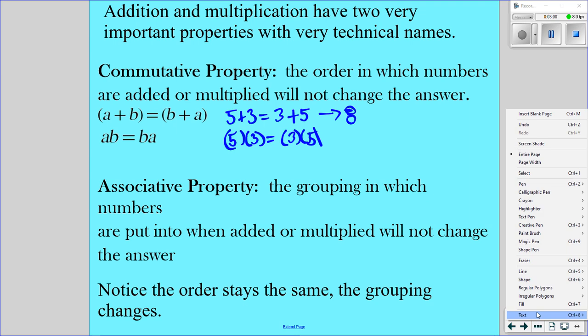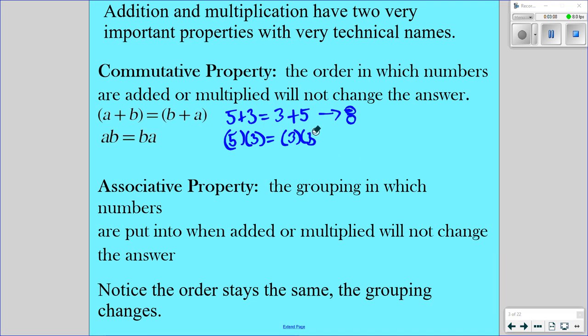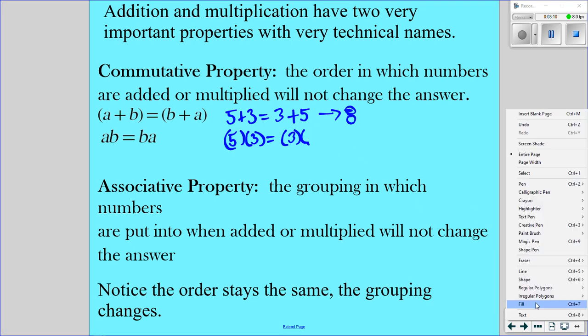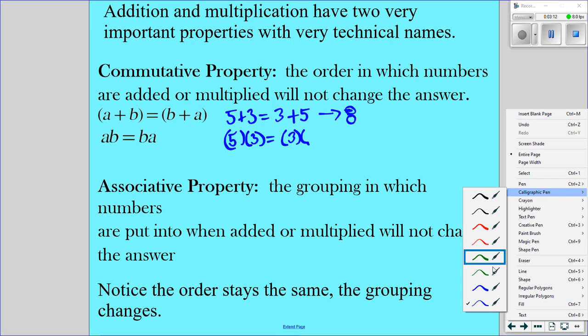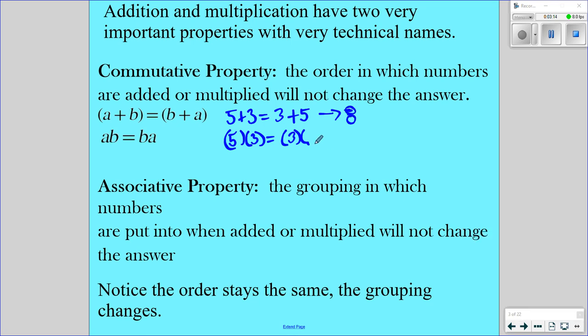Okay, let me remove that. Try to fix that up. So you have 3 times 5, and that would give you 15. So commutative property, doesn't matter if you switch the order of the numbers, you get the same answer.